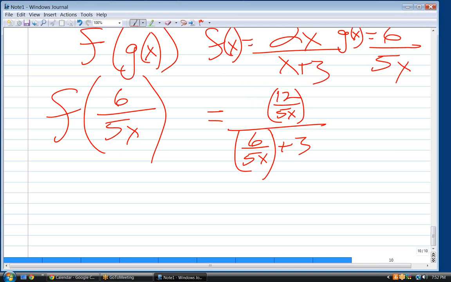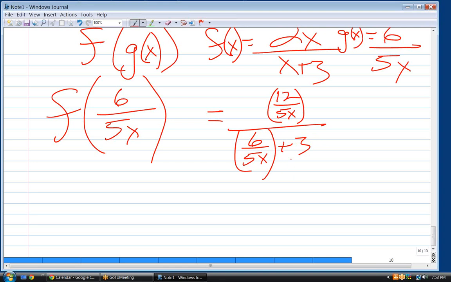Multiply 5x on the top and bottom. What we need to do is take the denominator, which is a binomial term, and turn it into a single term. I need to find a common denominator for the bottom. Would it make sense just to multiply 5x on both sides so you can cancel it? You have to multiply this by 5x also.